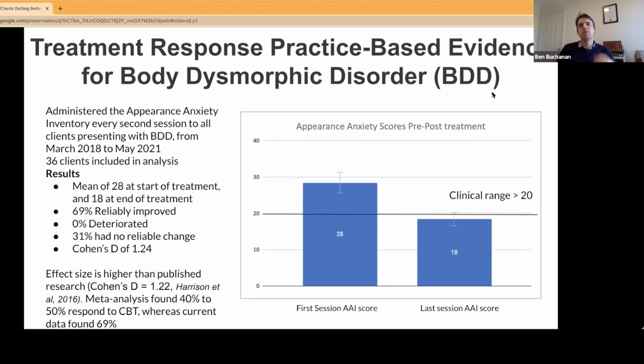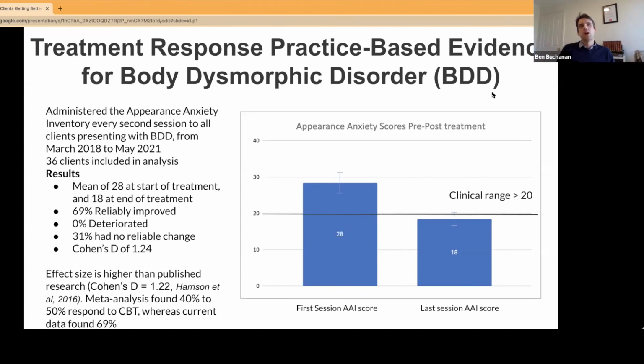By reliable improvement, there's something called the Reliable Change Index, which is a statistical way of saying that they changed enough for it to be considered significant. It's more signal and less noise, if you will. And 0% of my people deteriorated, and 31% had no reliable change.